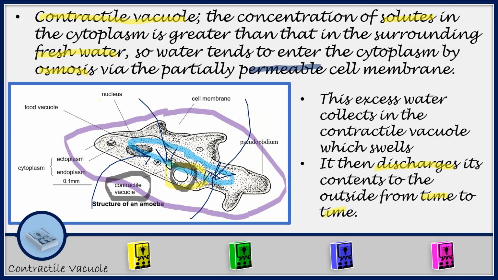So it is one of the ways in which the cell excretes excess water, releasing it to the outside environment. The water which has entered the contractile vacuole will start going outside of the cell via the contractile vacuole.